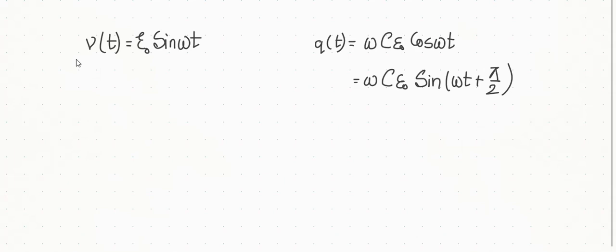It is a simple trigonometric relationship for complementary angles: sine of 90 degrees plus theta is equal to cos theta. Sorry, it is not Q, it is I. So I equals omega C E0 sine of omega t plus pi by 2, which is I0 sine of omega t plus pi by 2.